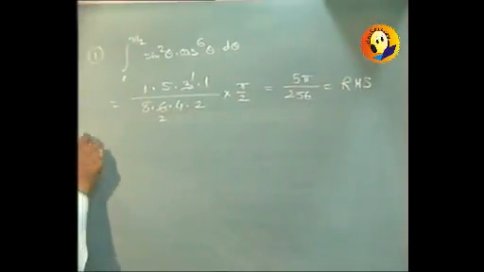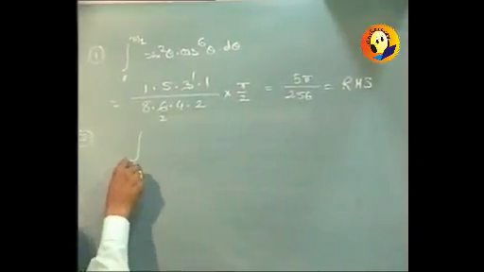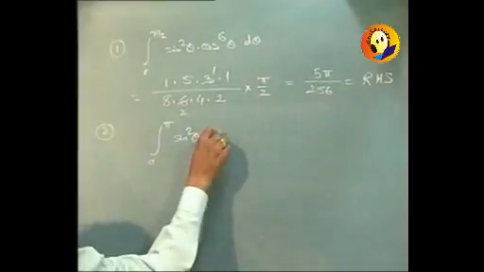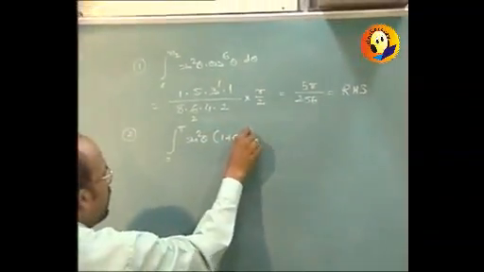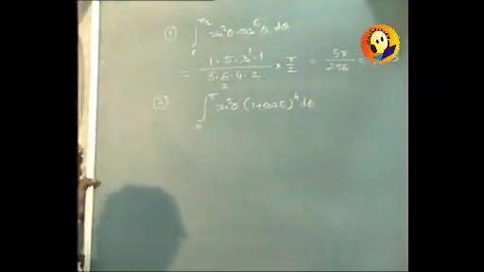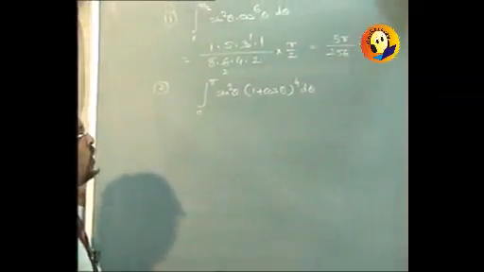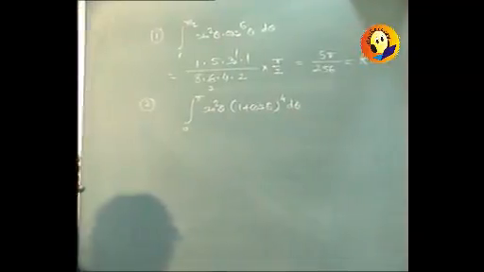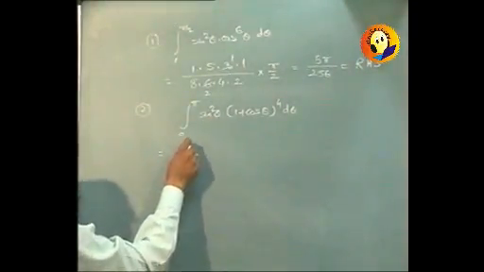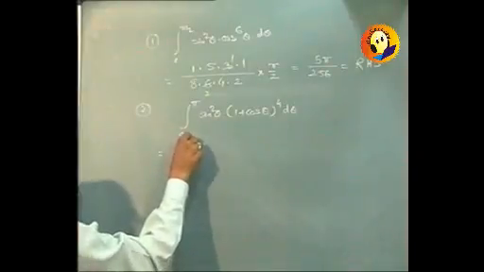In case of the second problem, which is integral 0 to pi sin square theta into 1 plus cos theta bracket raised to 4 d theta. Remember that the formula can be applied only when the limits are 0 to pi by 2. So you will have to reduce this theta to theta by 2. We have the formula for sin theta in terms of half angle.